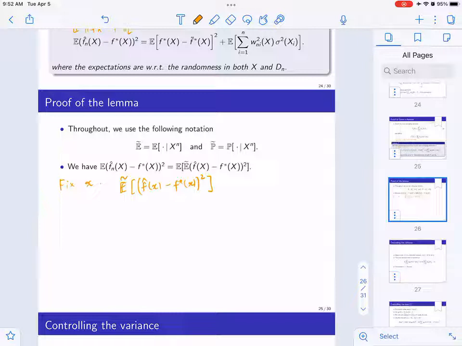Let me also introduce this var tilde, which is variance conditional on X_n. You either have to do everything or none. Okay. So how do we do the bias variance decomposition here?